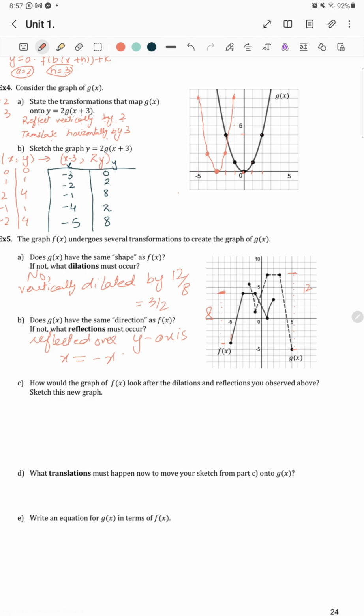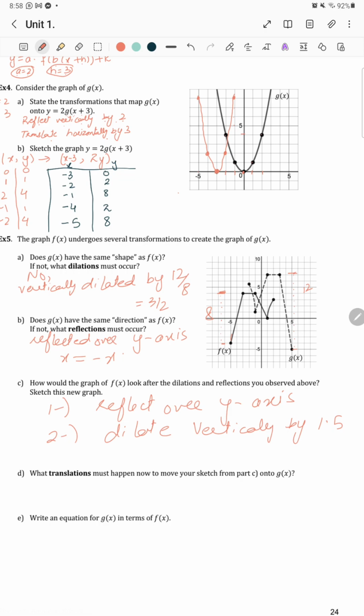How would the graph of f of x look after the dilations and reflections you observed above? Sketch the new graph. Okay, step 1 would be to reflect over the y-axis, which means changing the signs of the x values, and then dilate vertically by 3/2, that is 1.5.